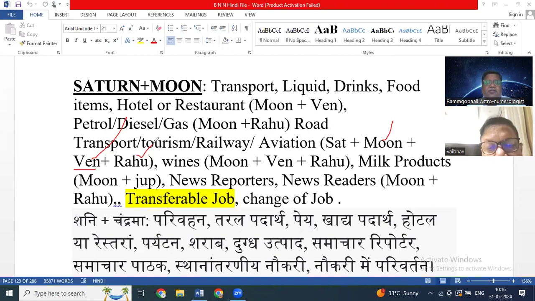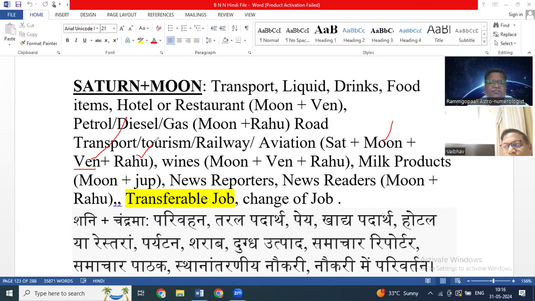And Moon is also news. So news reporters, news readers. So when it comes to media, Rahu is media, Rahu is TV, Rahu is news channels. Rahu is shadow, Chaya professions: computer, TV, cinema, graphics, printing, publishing, all these are.